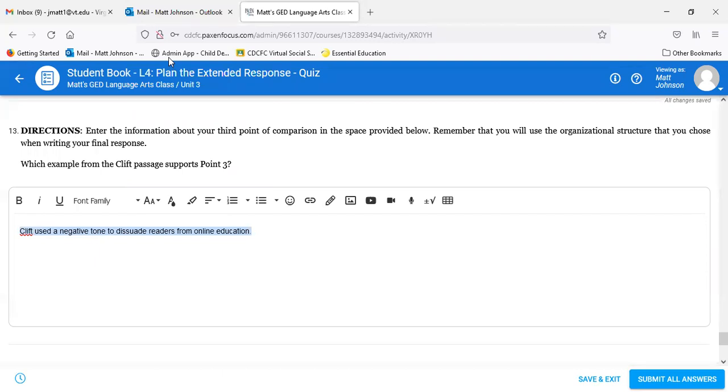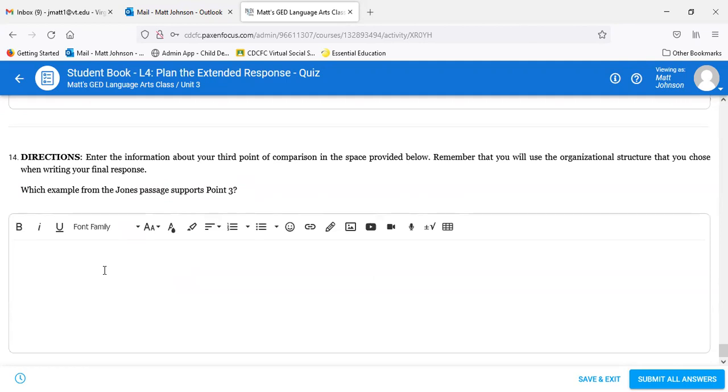And paste. Okay. So there we go for that. And then 14, we know, right? Jones does the opposite. So we'll say, Jones uses an optimistic tone in explaining benefits of online education. Okay.